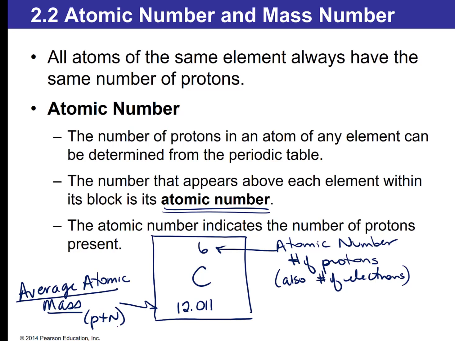So if you take the atomic mass and just round it to the nearest whole number, subtract the atomic number, that is taking numbers of protons and neutrons, taking away numbers of protons, and that'll tell you numbers of neutrons.